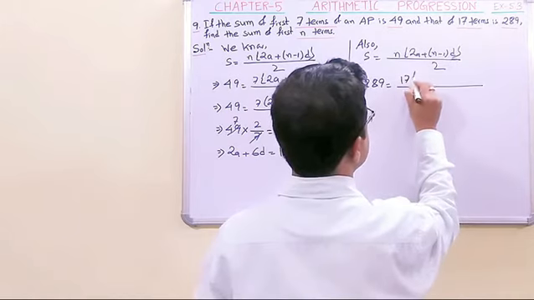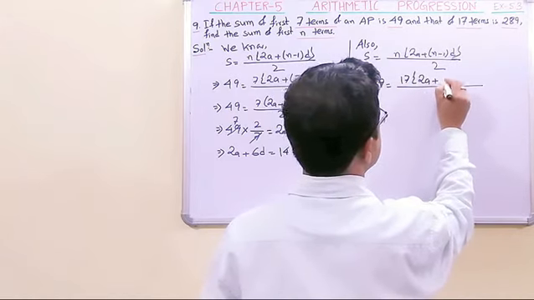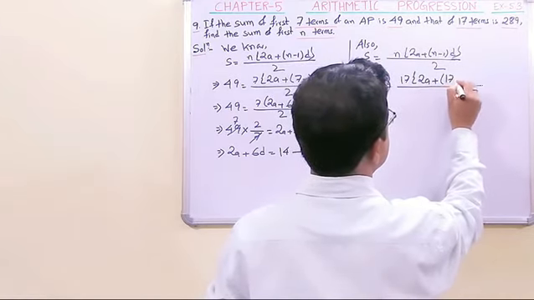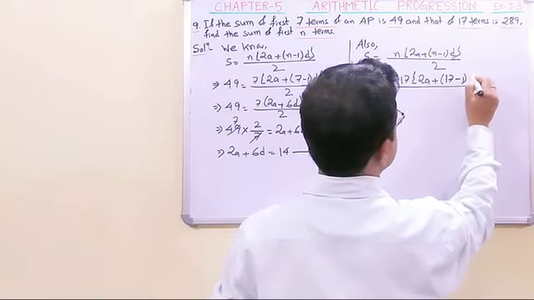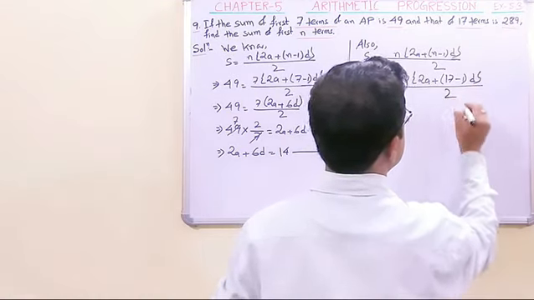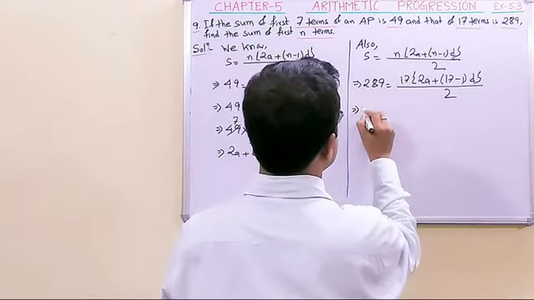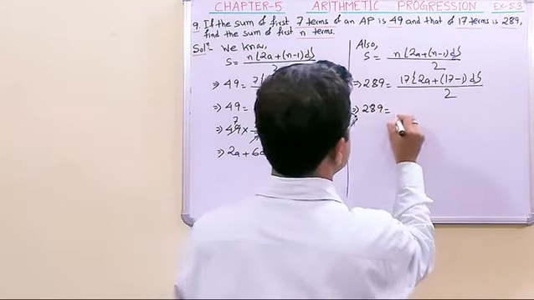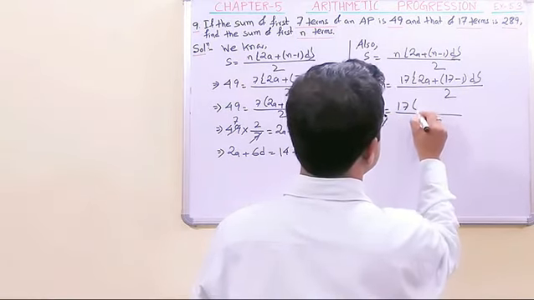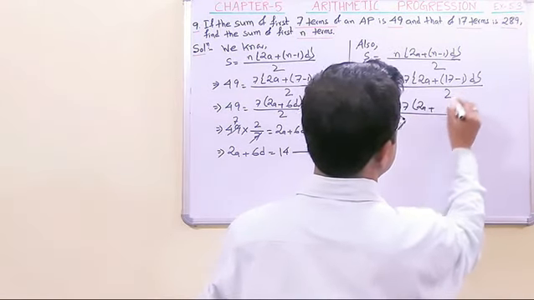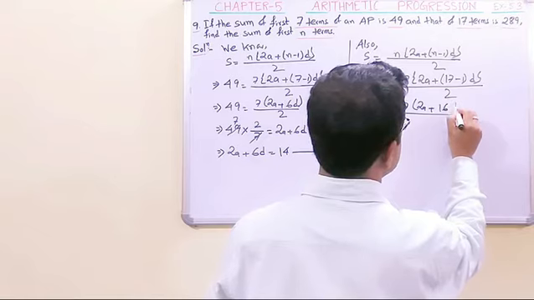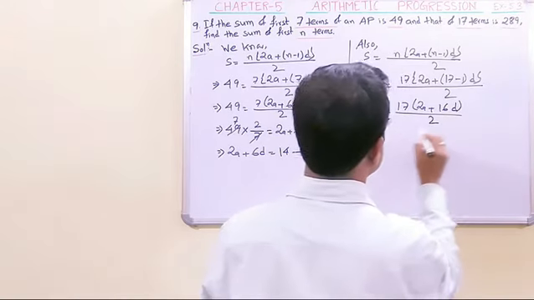It is given 17 here. A is not known, n is 17 minus 1, d we have to find out, by 2. Okay student, have you understood? Okay, so here it is 289 equals 17 into twice a plus 17 minus 1 is 16 into d, by 2.